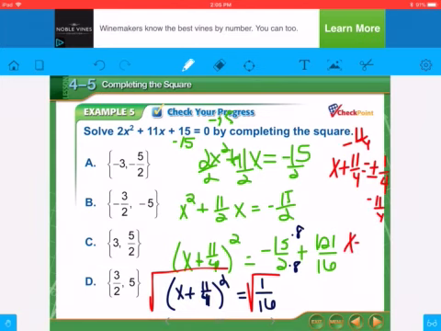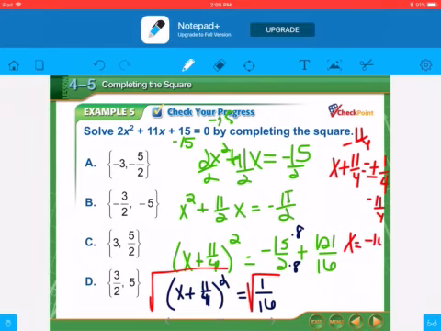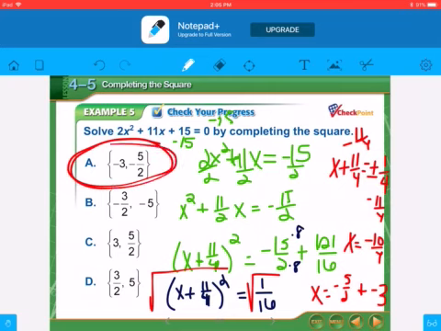So x equals, I've got positive 1/4 minus 11/4, so that's negative 10/4, which is really negative 5 halves. And I have negative 1/4 minus 11/4, which is negative 12/4, which is negative 3. So my two solutions are negative 3 and negative 5 halves.